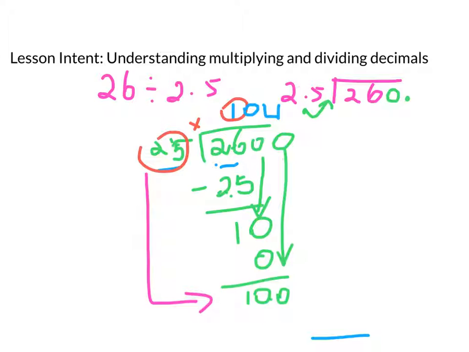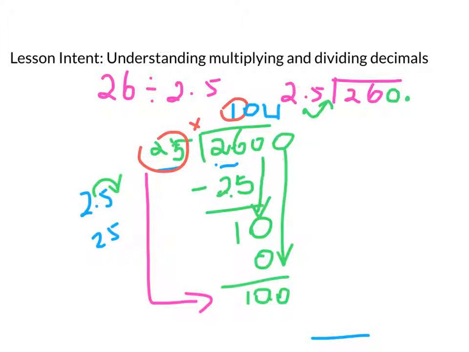Now, what we have to do here is, because we moved the decimal point from 2.5 to 25, we moved it 1 decimal place. So you can see that this went this way. We have to basically make consideration back up at the top here.